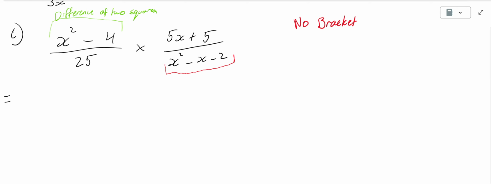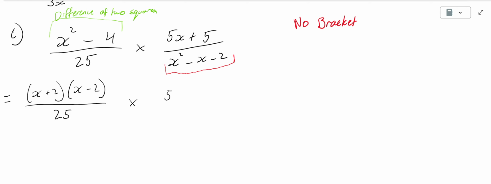Remembering a difference of two squares means that the square root of 4 is going to be 2. We're going to have (x + 2)(x - 2) to factorize the top. Then replace our denominator, multiplied by factorizing the top numerator.